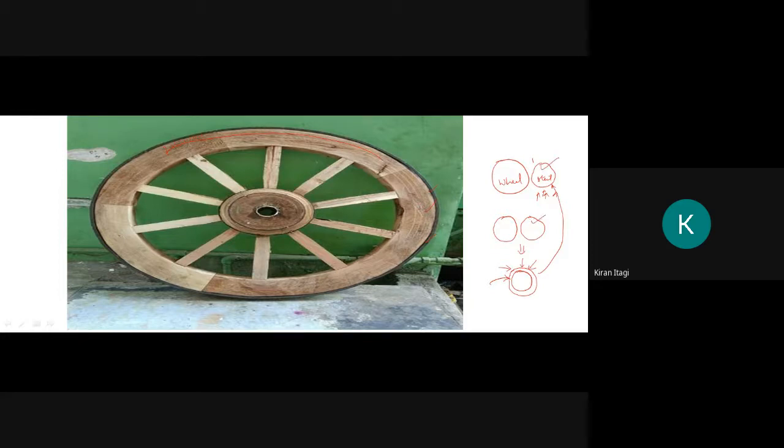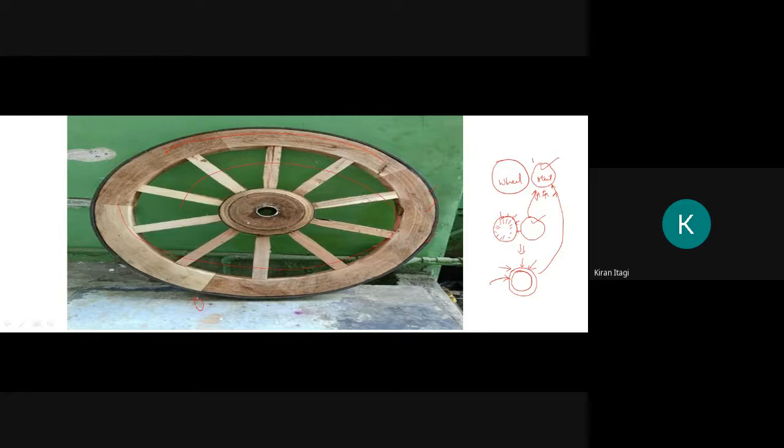The steel wants to come to its original size, but the wheel is preventing it from reducing. So tension is created on the wheel. That is how it holds all the planks together.